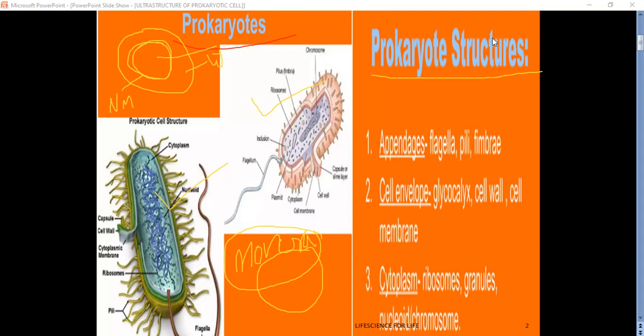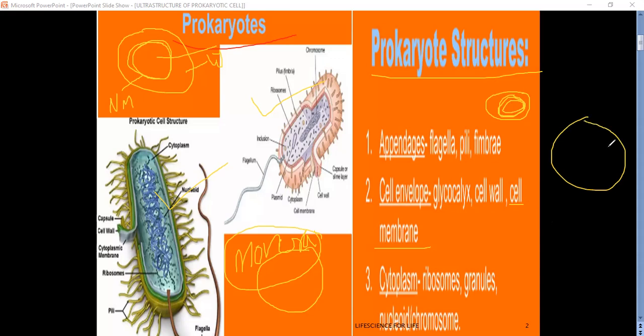Now the prokaryotic cell outer structure. The outer structure is present for some prokaryotic bacteria. We can call it the cell envelope or capsule, and the membrane behind this capsule is called the cell wall, and the membrane behind the cell wall is called the cell membrane.